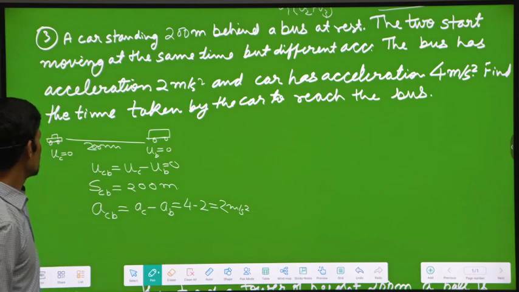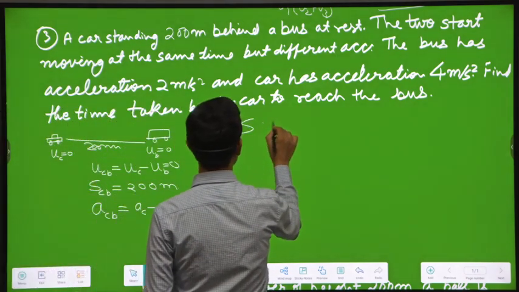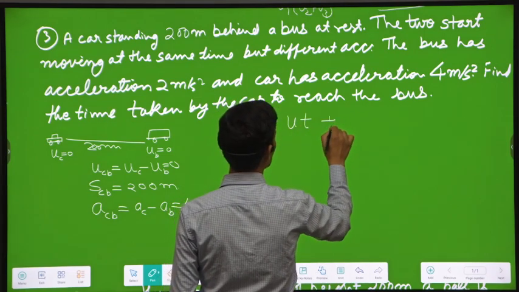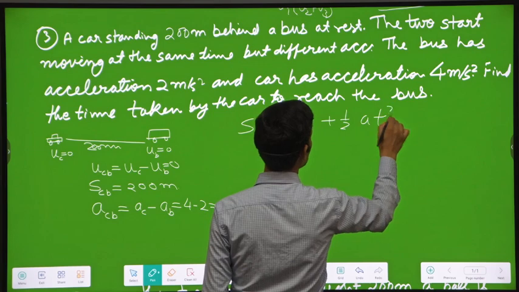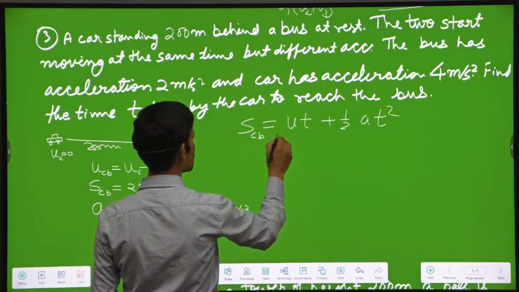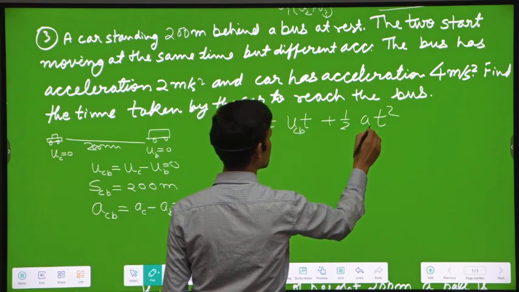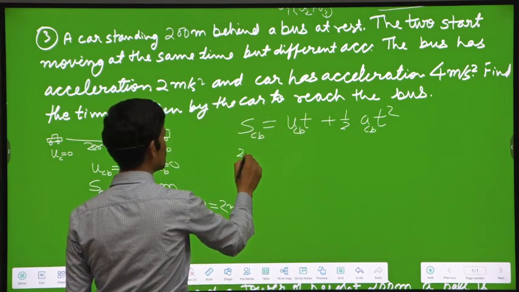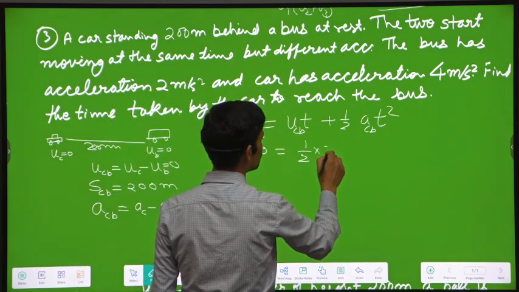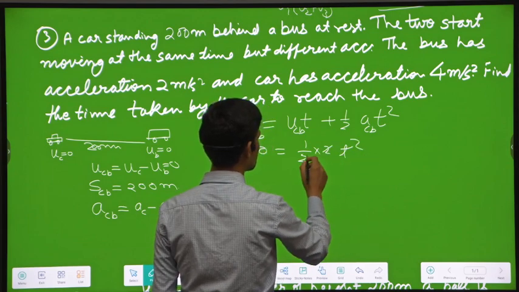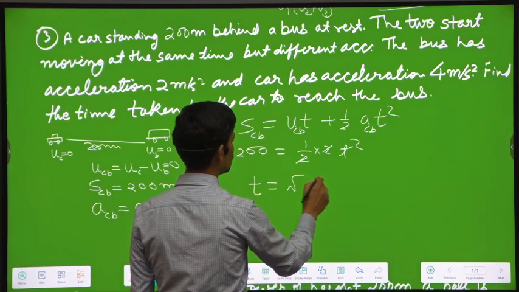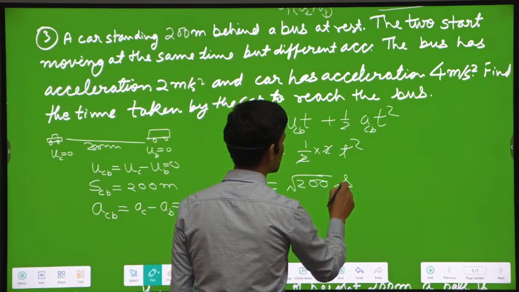Now we can easily apply this equation of motion, s equal to ut plus half at square, but we are using that relative motion. So this is 200, u is 0, and this is half into 2 t square. It will get cancelled. So t will be root of 200 second.